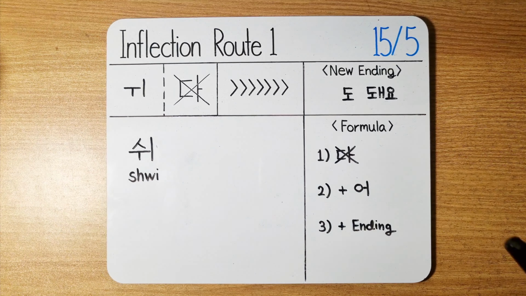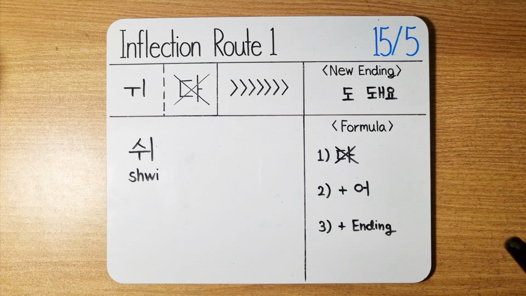So according to the 3-step formula, now we have 쉬어도 돼요, which is now no longer just rest, now it's okay to rest.